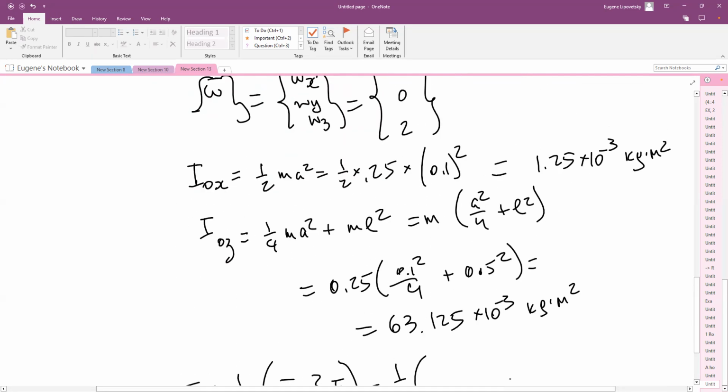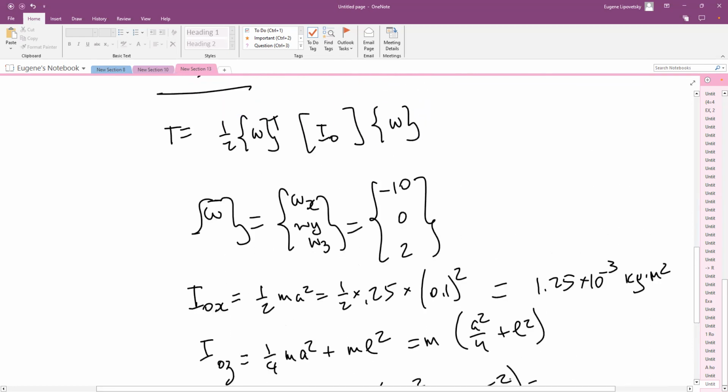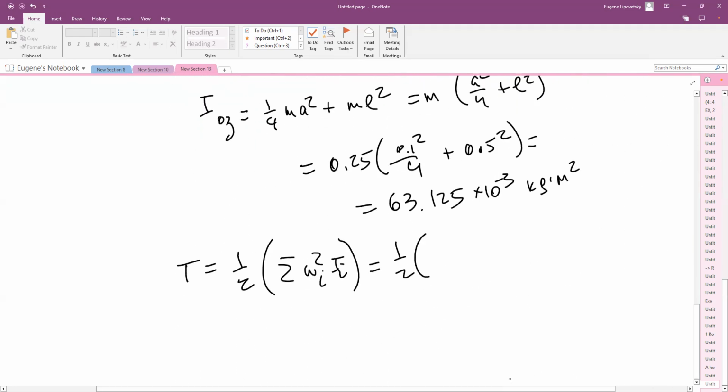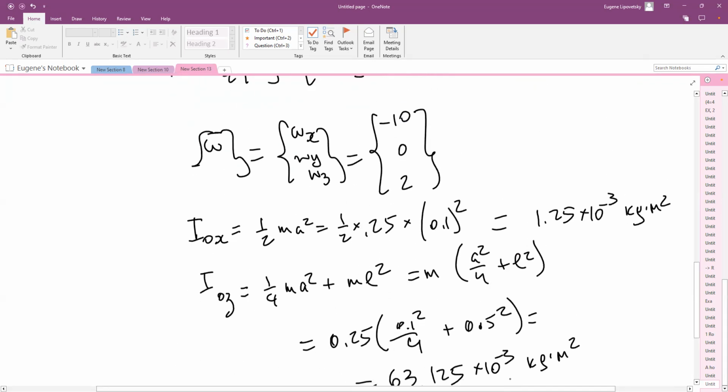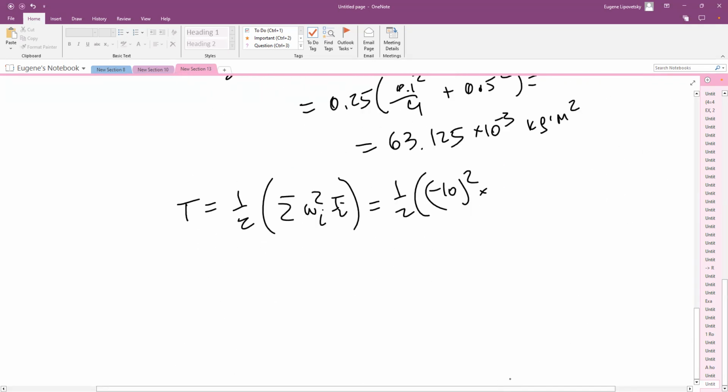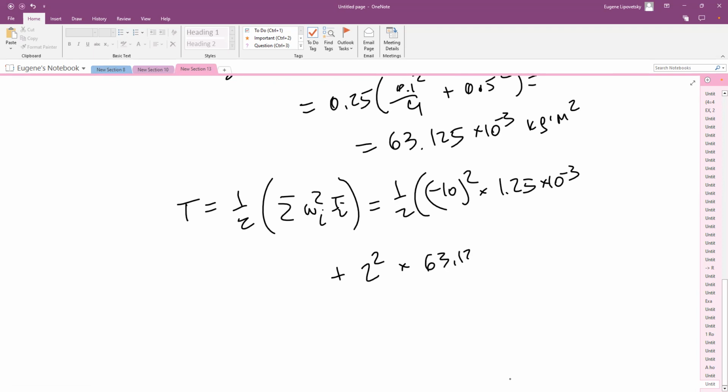Omega x is minus 10 squared, and the ix is 1.25 times 10 to the minus 3. And plus the omega squared times 63.125 times 10 to the minus 3.